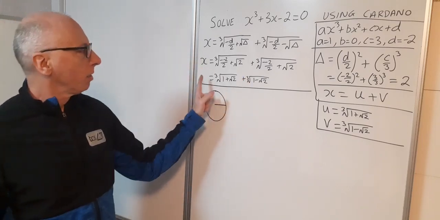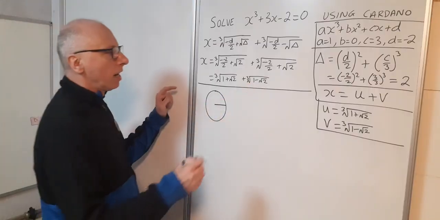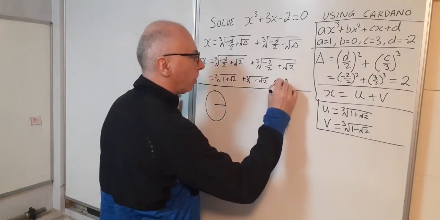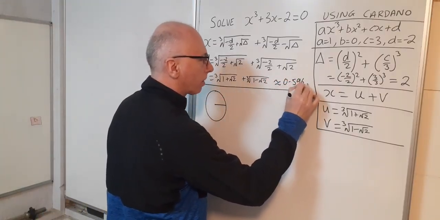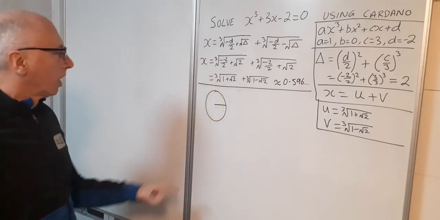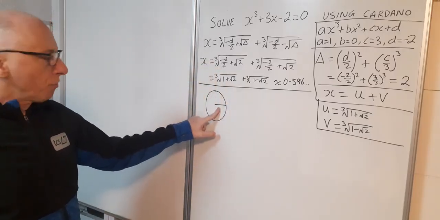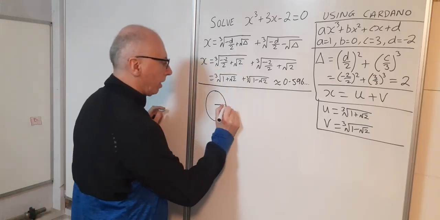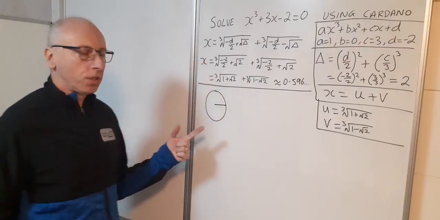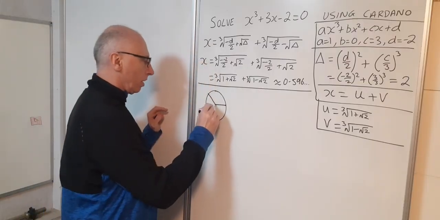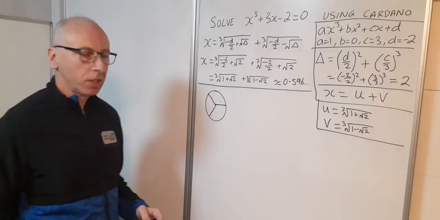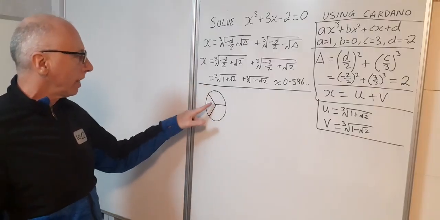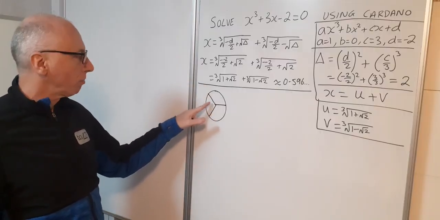In this case, we plug this into our calculator and we get approximately 0.596. So that's going to be on the positive real number line. So I'm going to have 1 here, and the other 2 will be across from this side on the imaginary axis using that and the negative real line.